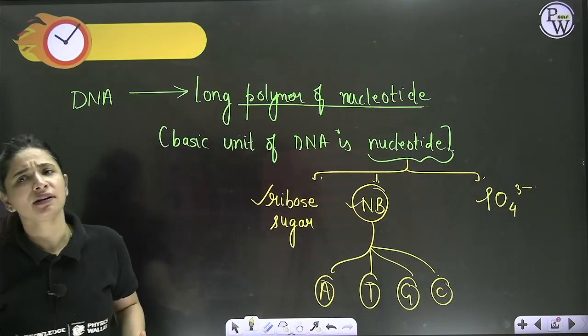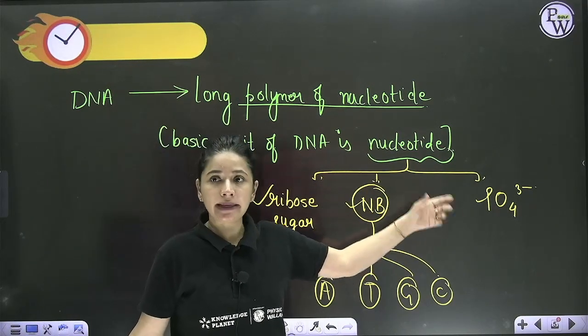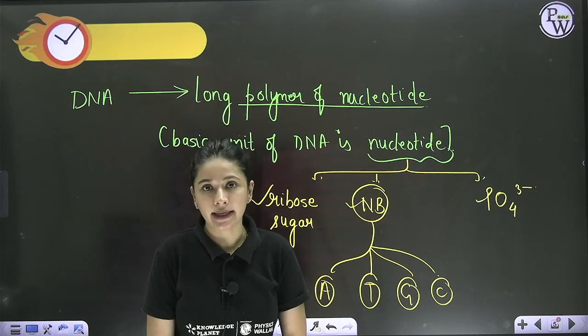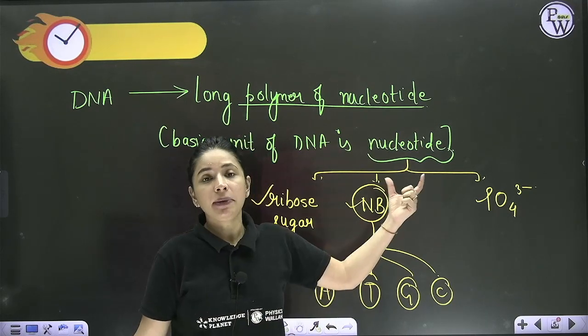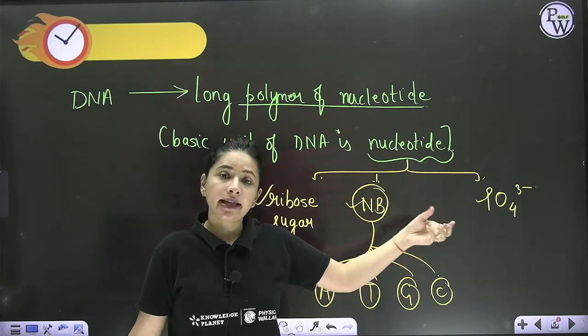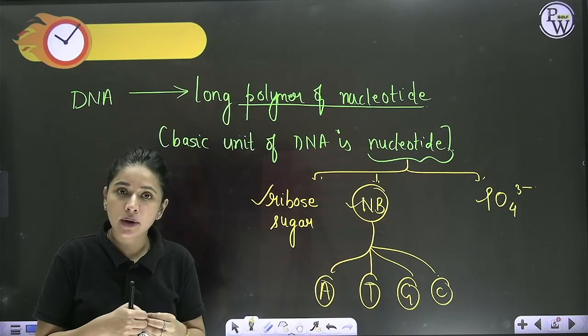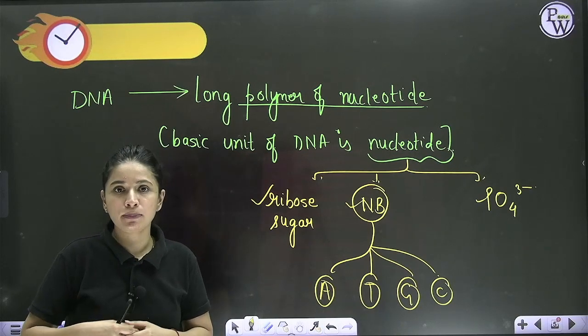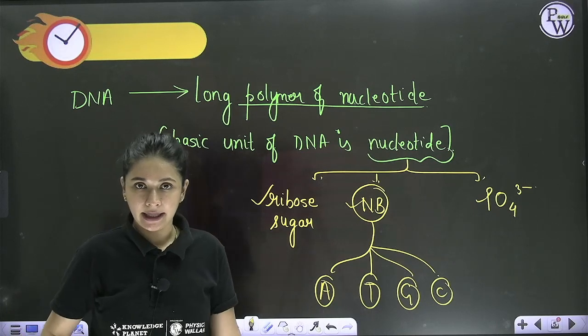Now the question arises, ma'am, how are these 3 components joined to make a nucleotide? So now let's see all the bonds involved in making a nucleotide, and how so many nucleotides then join with the help of a specific bond to complete the long polymer of DNA, right?